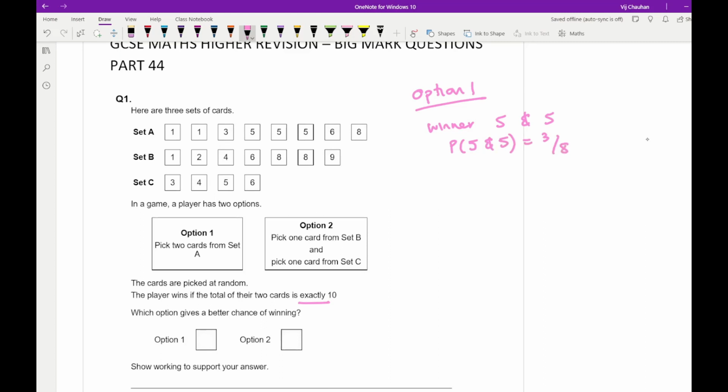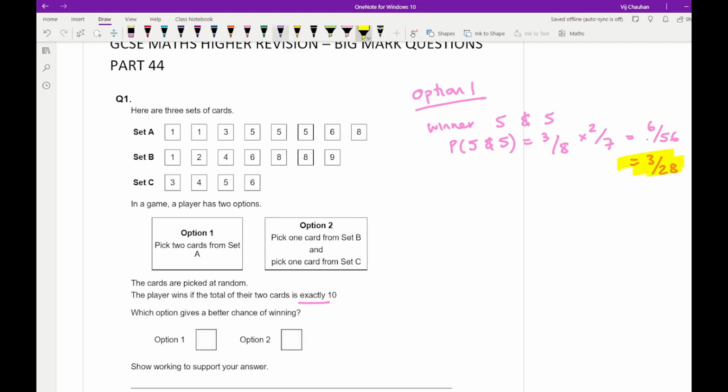Then if picking the second card, there's only going to be 7 left, and there's only going to be 2 5s left. So then it's going to be 3 8ths times 2 7ths to work out the probability of getting a 5 and a 5, which gives me an answer of 6 over 56, which simplifies to give me 3 over 28. So that is the probability of winning with option 1.